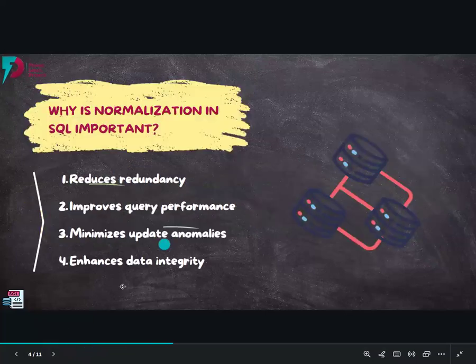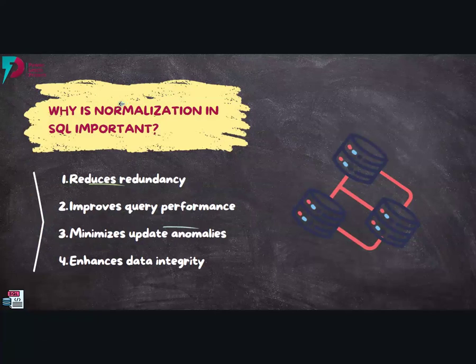So another concept that we covered is the benefits of normalization and why it's important in SQL. We covered there are four, but there are so many out there on the internet. Do not be afraid to always research.